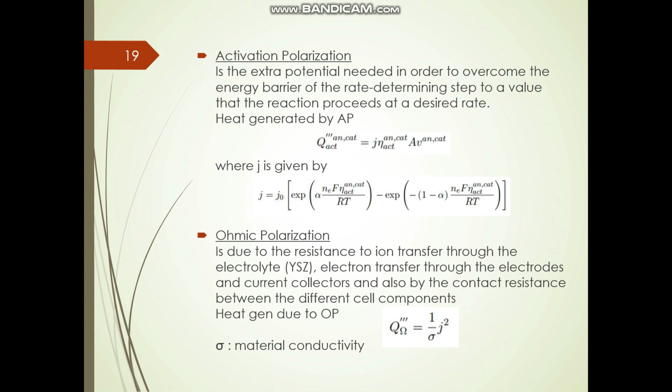The last type of polarization is ohmic polarization, and it is due to resistance to ion transfer through the electrolyte, yttria stabilized zirconia, electron transfer through electrodes and current collectors, and also by contact resistance between different cell components. Heat generation per unit volume due to ohmic polarization is given by J squared by sigma. Here sigma is material conductivity.